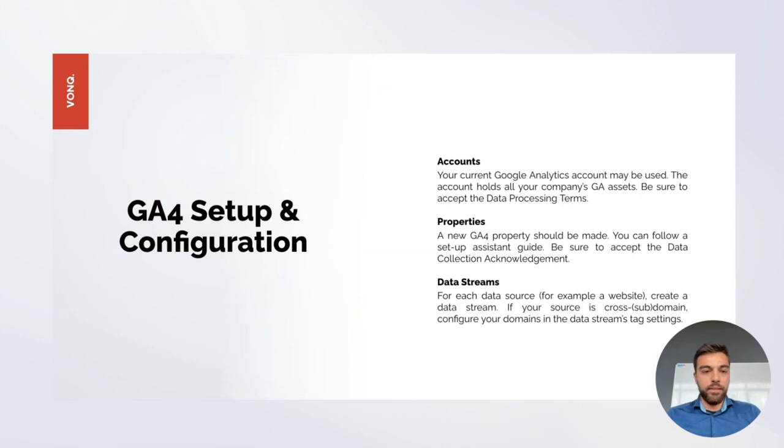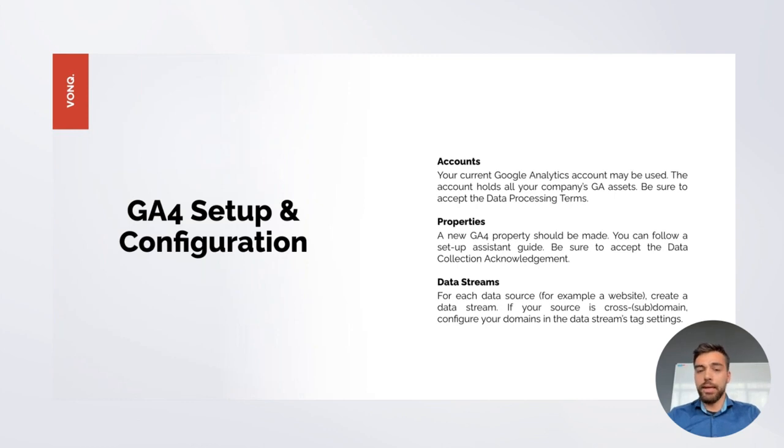Let's talk about general concepts of the GA4 setup and configuration. You have certain assets that need to be configured. You have accounts, you have properties, and data streams. So account is the highest level asset within Google Analytics. All properties, they fall under an account, and all data streams, they fall under a property.